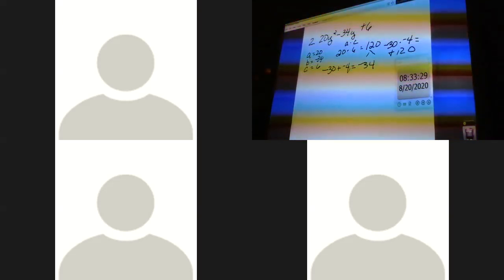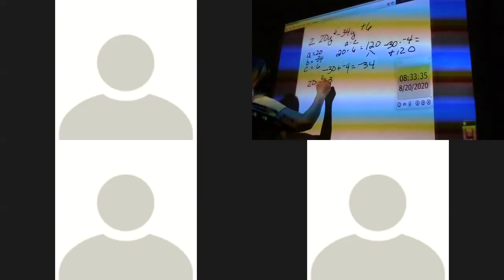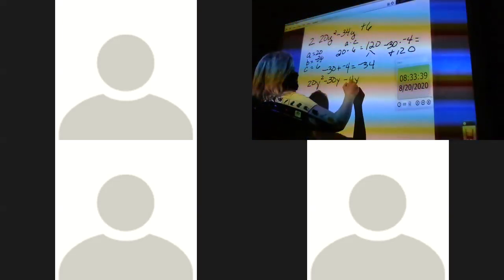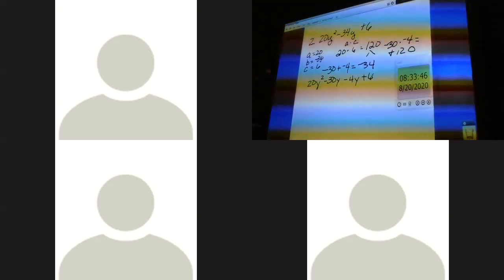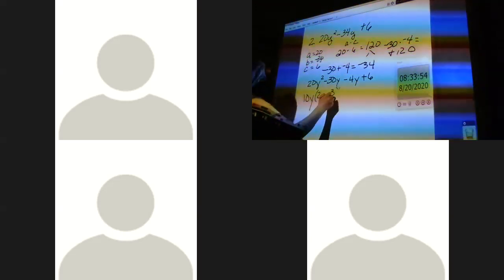So how are we going to group them? 20y squared minus 30y minus 4y plus 6. So let's factor this one first. 10y, parentheses, 2y minus 3, parentheses.